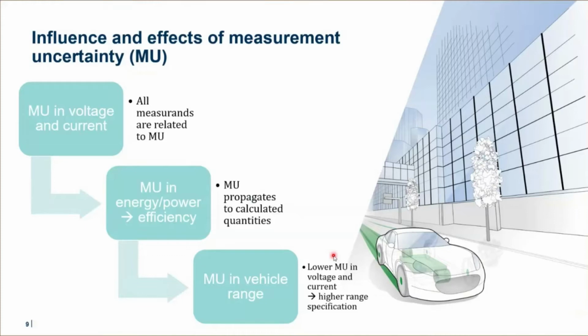If we calculate the energy consumption of the car from our measurements, and we have measurement uncertainty in that energy consumption, then the expected range of the car also has a kind of measurement uncertainty. Or in other words, a lower measurement uncertainty in voltage and current enables a higher range specification of our vehicle. That is one example why a lot of our customers are so interested in this topic.